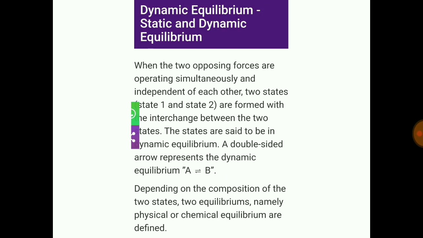Now, we have already discussed dynamic equilibrium. Here, we will see what is the difference between static and dynamic equilibrium. When two opposing forces are operating simultaneously and independent of each other, two states are formed with an interchange between the two states.